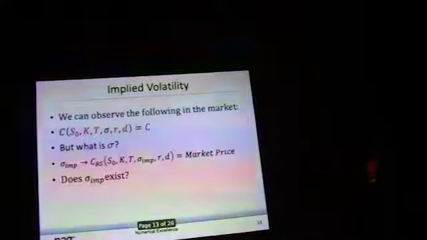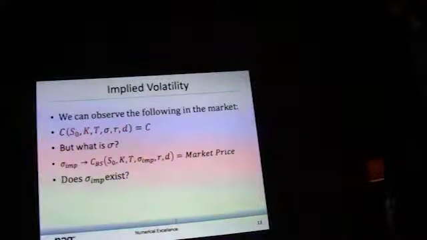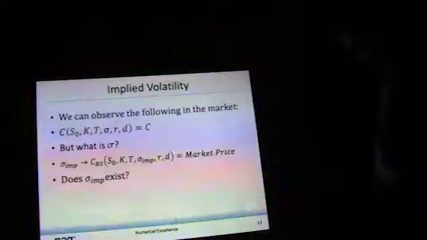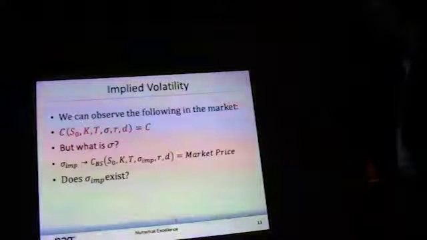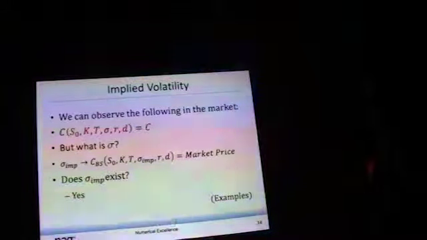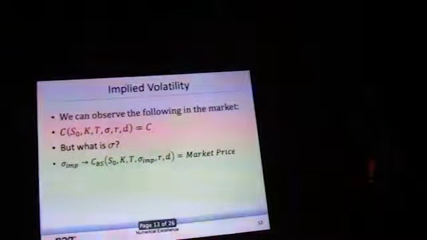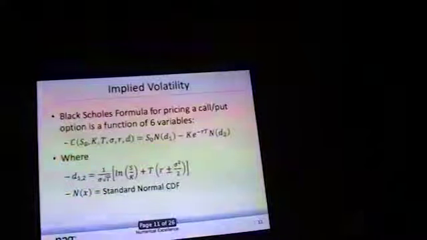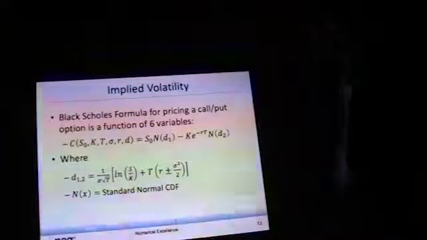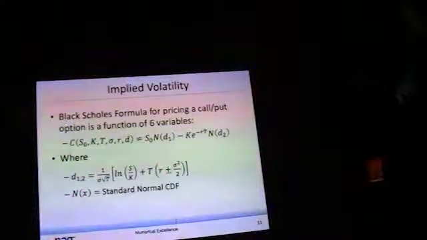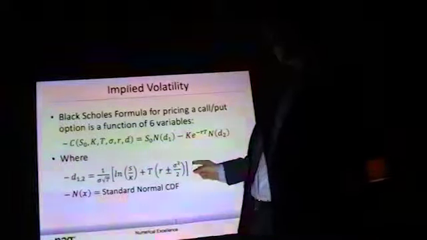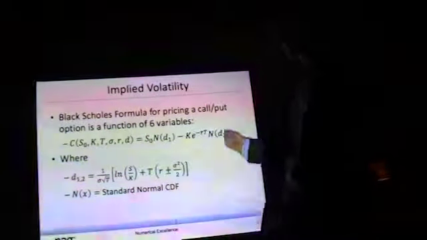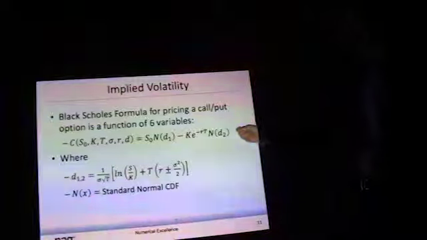And so you should ask yourself, does this implied volatility exist? It turns out it does, because if you look at, as sigma goes to 0, as the volatility of the stock goes to 0, what you have is really only going to be affected in here, and those in turn are going to go in here.